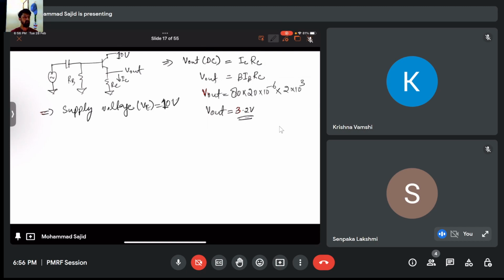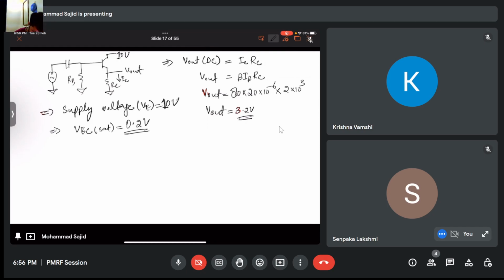Also in the question it is given that VEC saturation is equivalent to 0.2 volt. VEC is given to us as 0.2 volt.